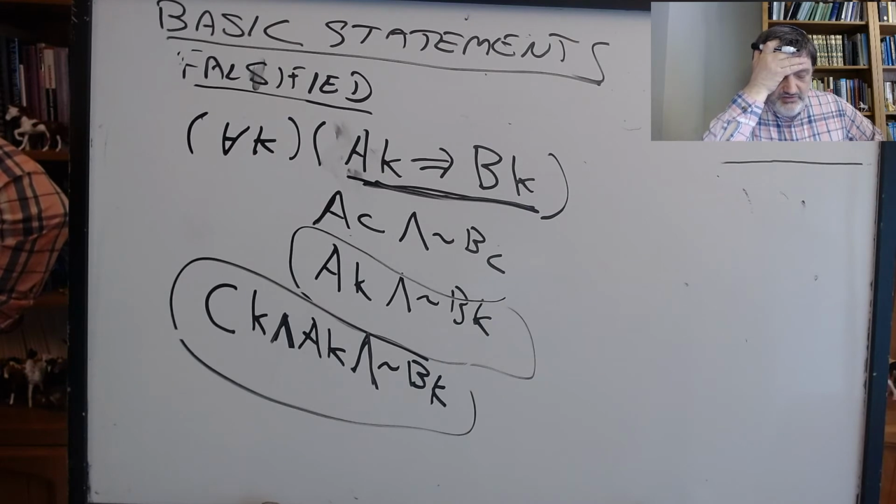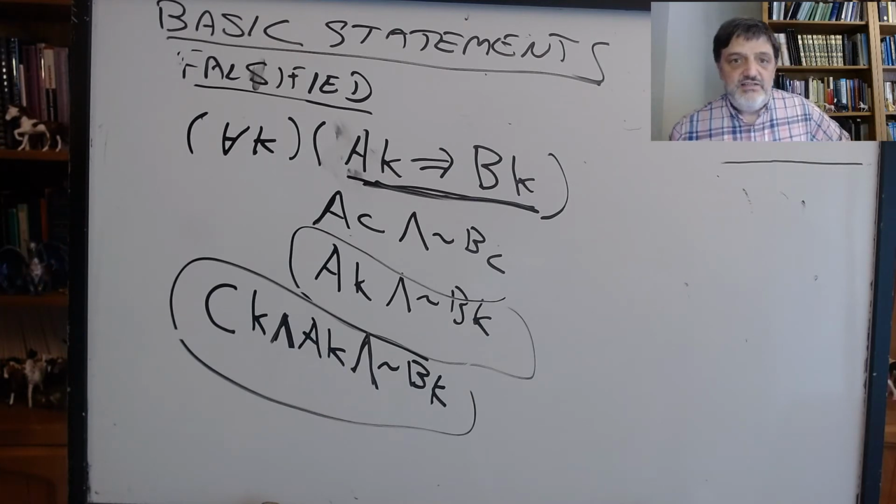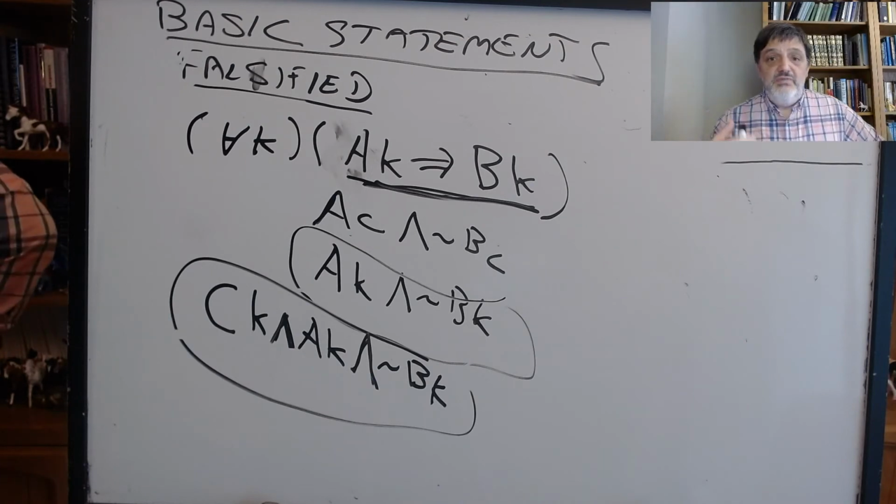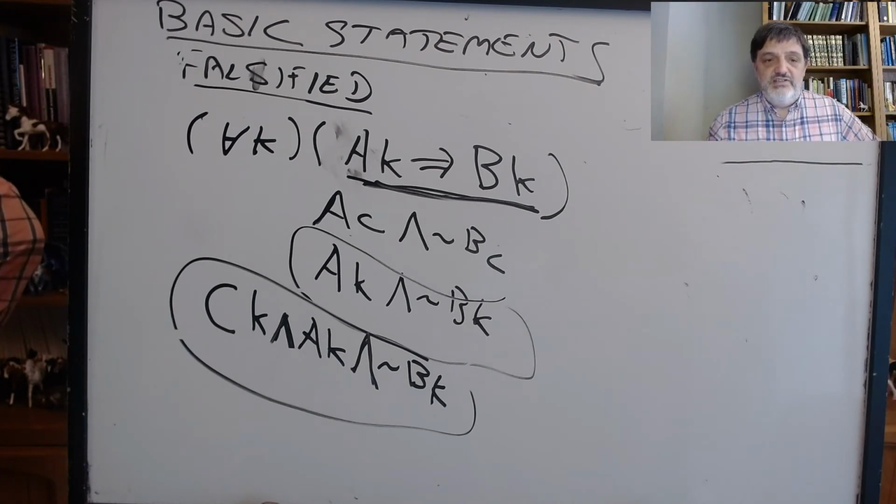But what this means is that any falsifying observation can be made into the prediction of a falsifying hypothesis. So how would I do that?